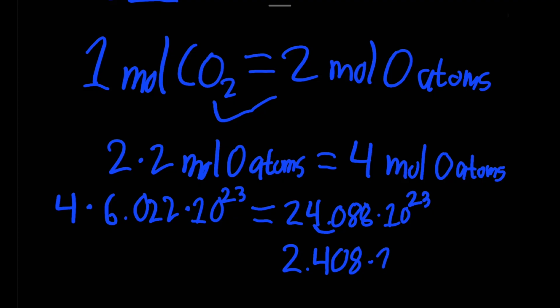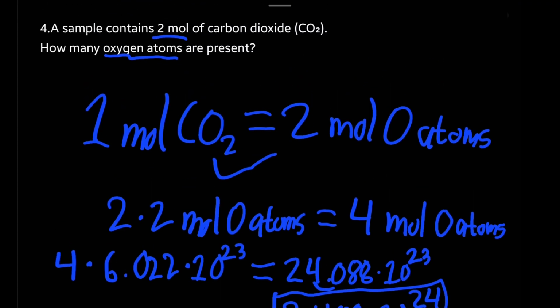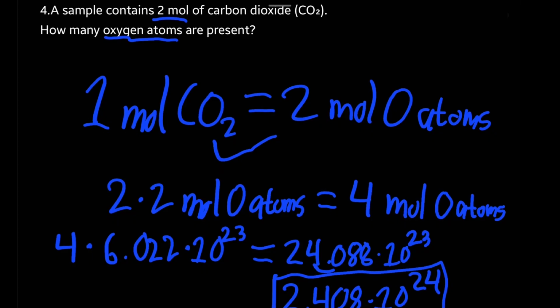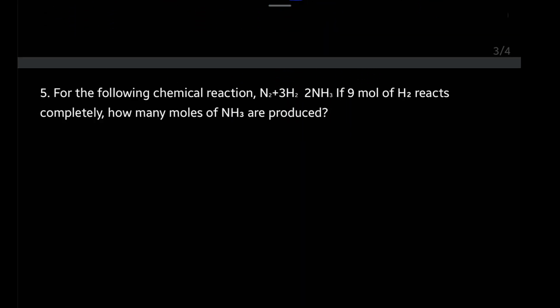Since we moved the decimal one place to the left, the exponent would be increasing by 1. So this would be our answer, the amount of atoms present.